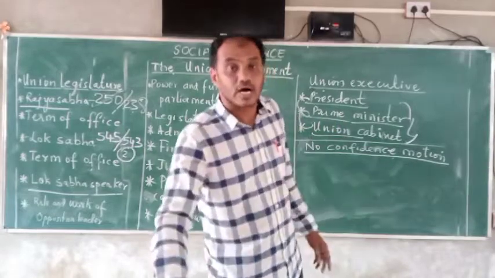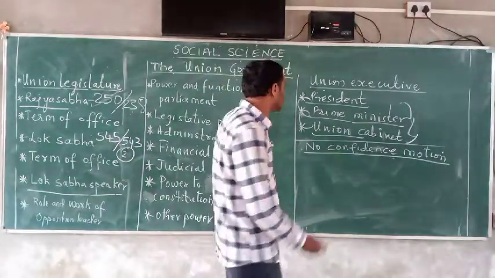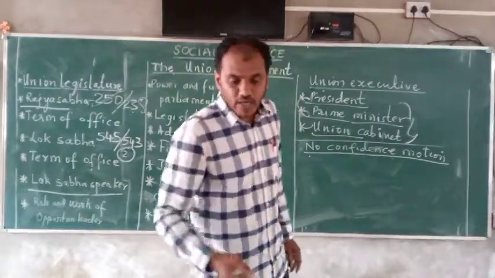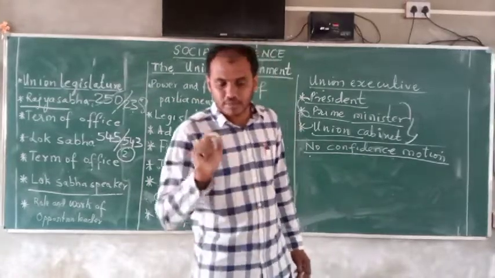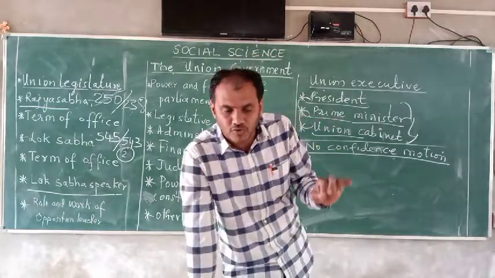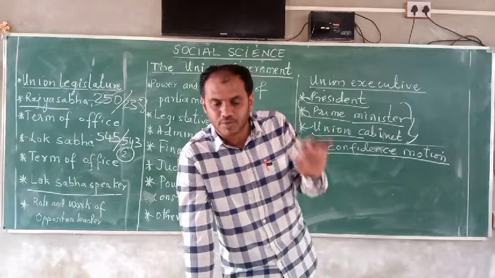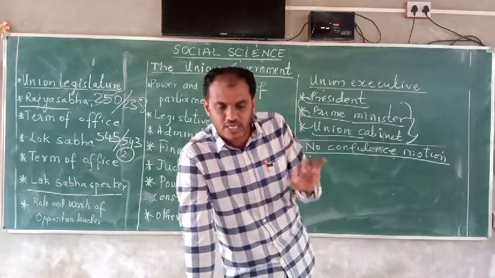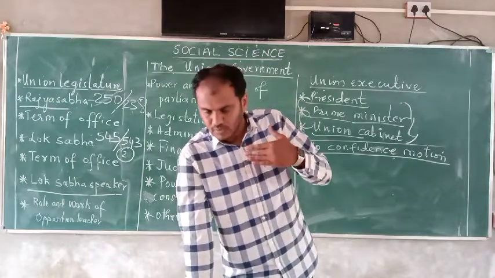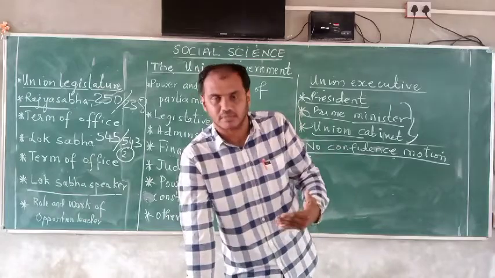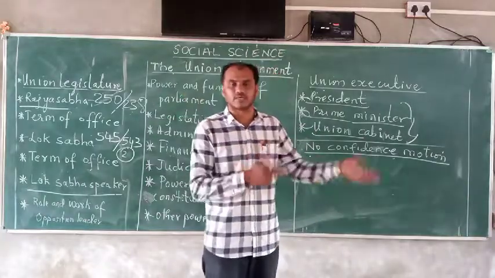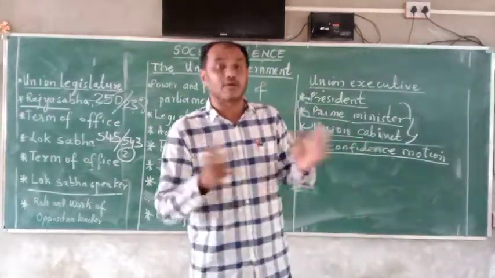And the last concept is the no confidence motion. If a majority of Lok Sabha members lose their confidence in and withdraw their support from the Prime Minister and his cabinet, the Prime Minister as well as the cabinet has to resign. Sometimes a government will be run by multiple parties. Now there is no need for more than one party because 320 members are there in a single party, having the majority.